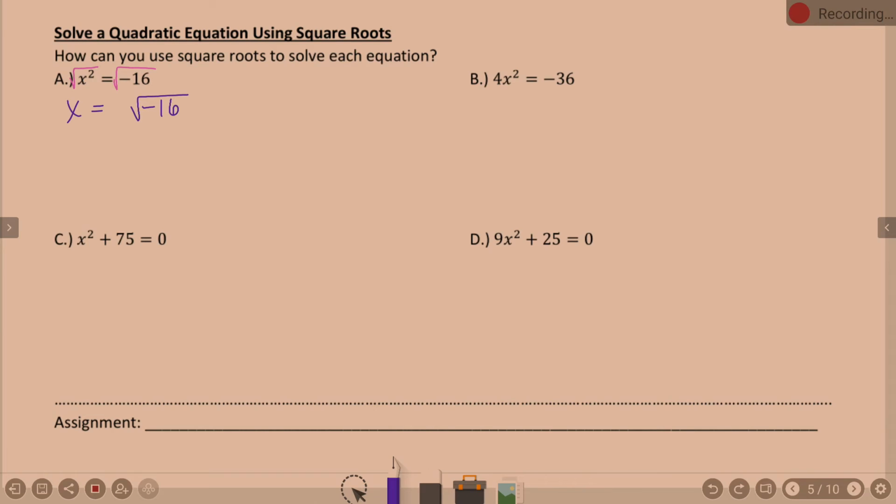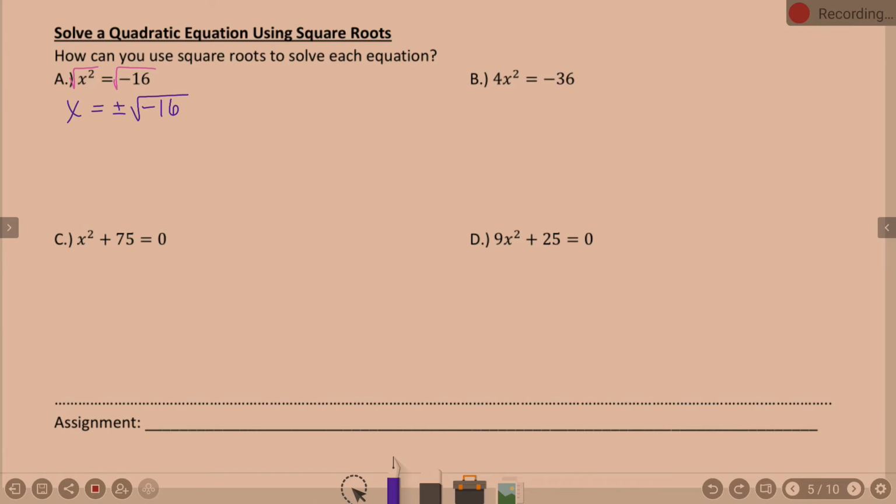Plus or minus. If you're just normally taking a square root because you see a radical sign, you just give me whatever goes under the radical sign. But if you're in an equation and you're solving, and your step is to take the square root of both sides, then you need to put a plus or minus there.